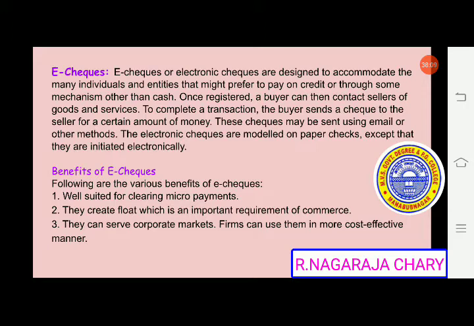initiated electronically. So here also we have benefits. Well situated for clearing micropayments. They create a float, which is an important requirement of commerce. They can serve corporate markets. Firms can use them in a more cost effective manner.